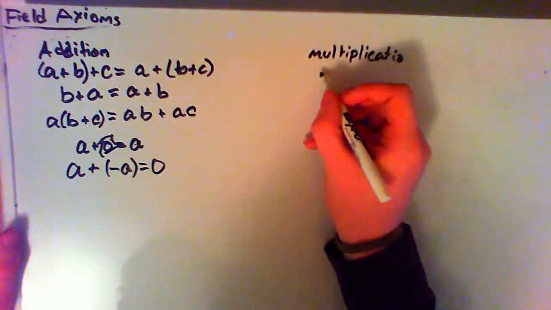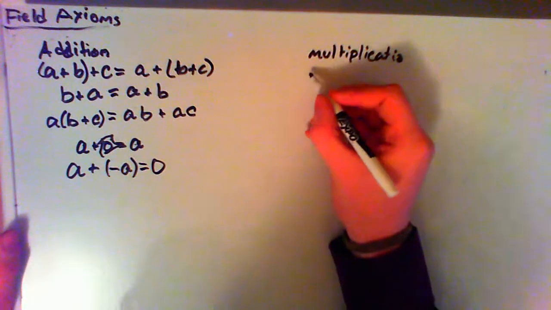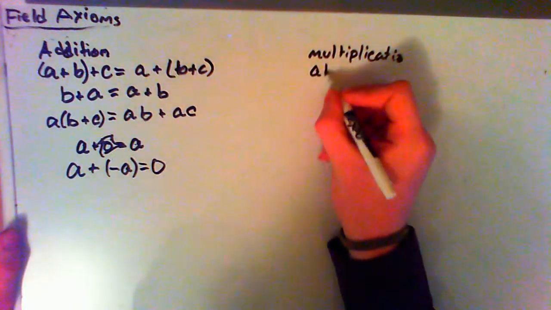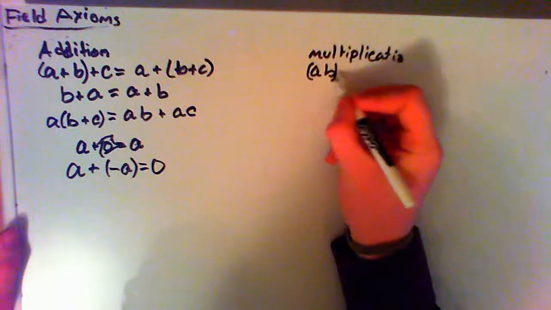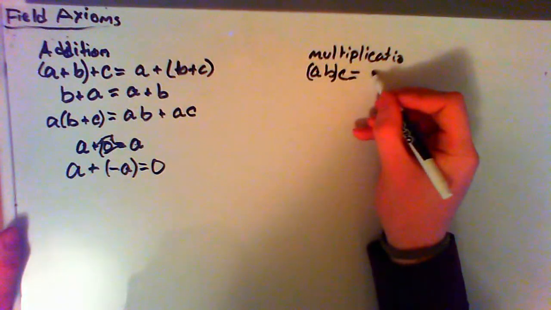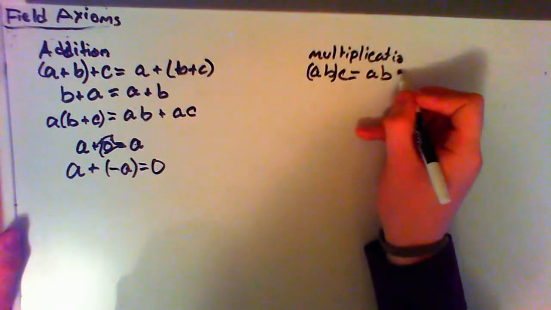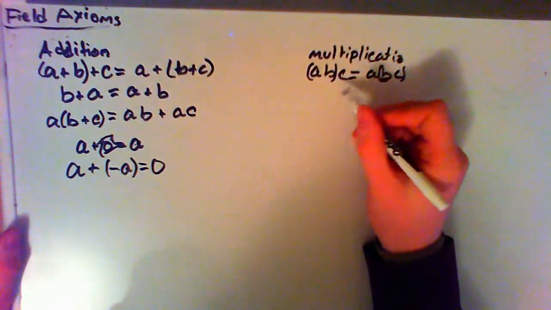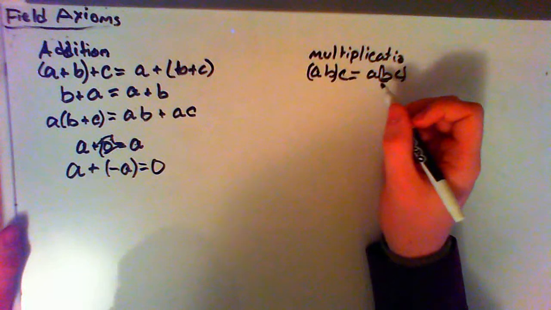Alright, so now multiplication. We're going to go A times B times C equals A times B times C. And this is the associativity of multiplication.